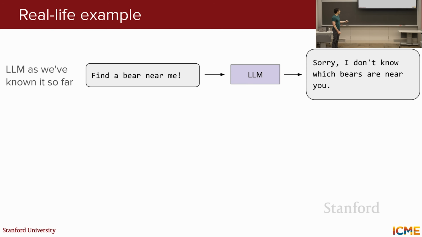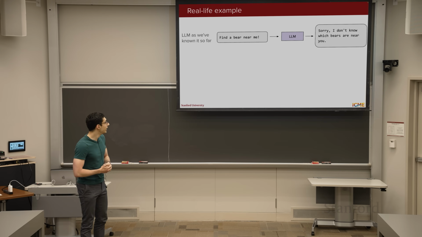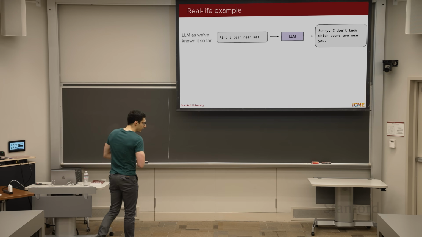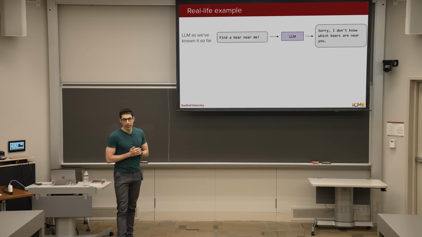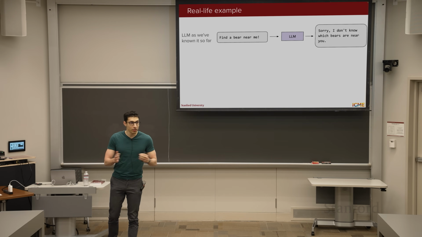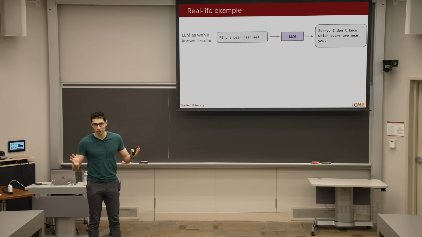Okay, great. Just to make these statements very grounded in real-life applications, let's walk through what tool calling would give us in the case of a very specific example. Let's suppose you love teddy bears. You're currently here at Stanford and you want a teddy bear near you.